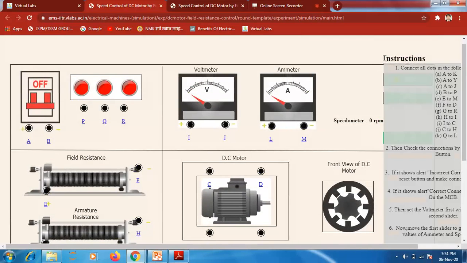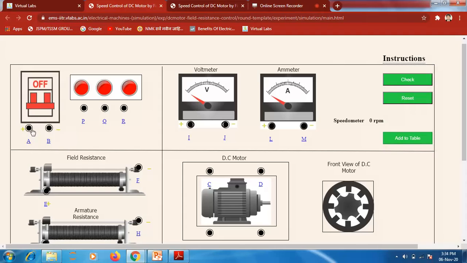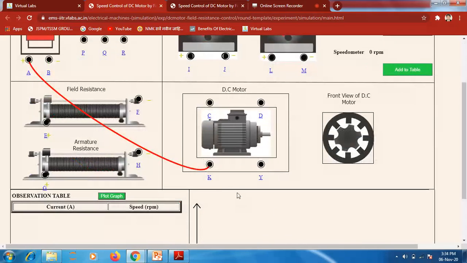You will get the pointer instructions showing which point is to be connected to which. First of all we have to connect the A point to the K point. This is the A point. Just click the left key of your mouse, and a wire will appear. So A is connected to K over here. This is the K.